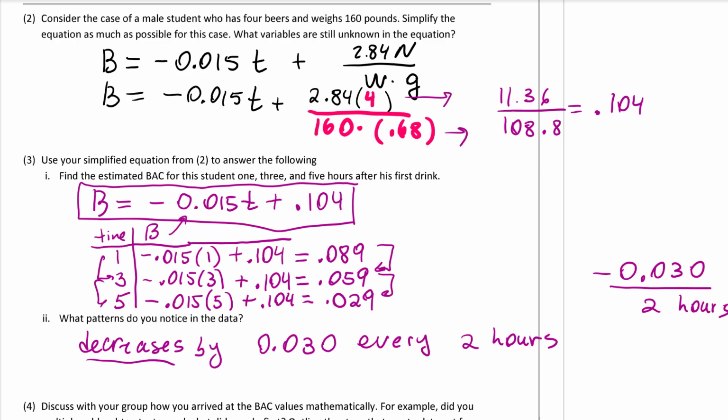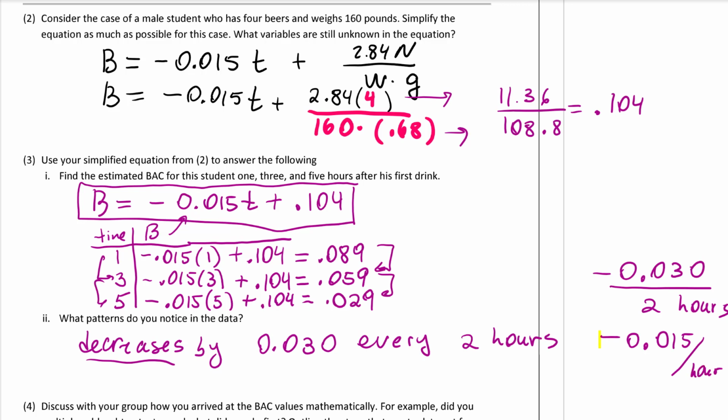Remember how we talked about rates in this module? We're talking about fractions, rate, how things change. So here, 0.030 divided by 2 is going to be negative 0.015 every hour.